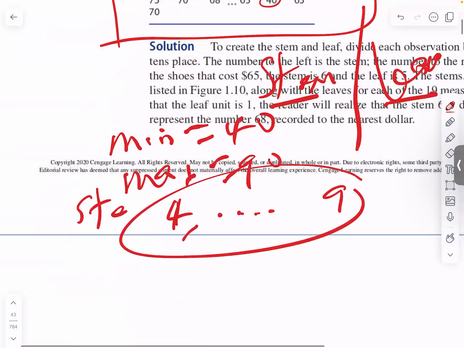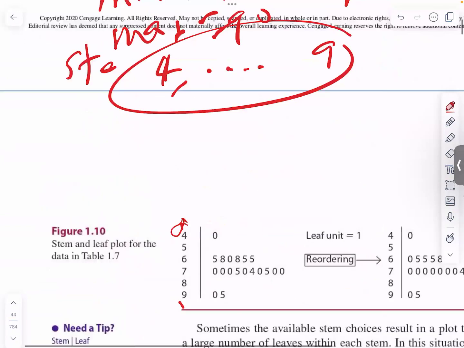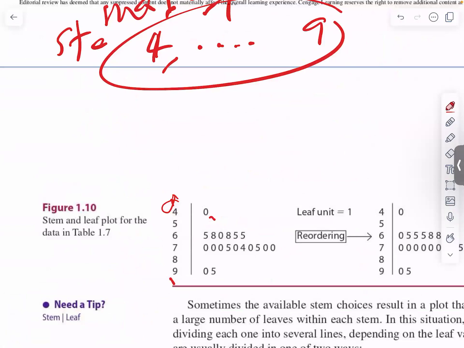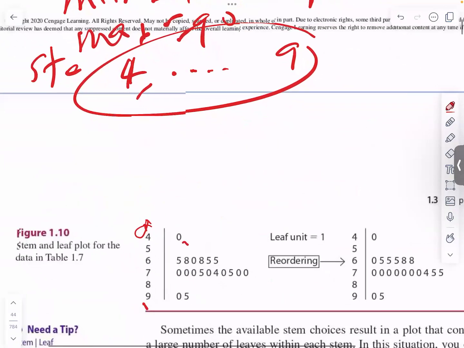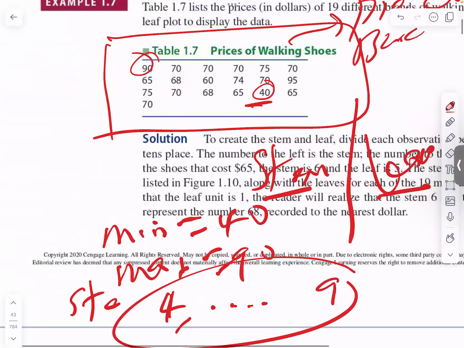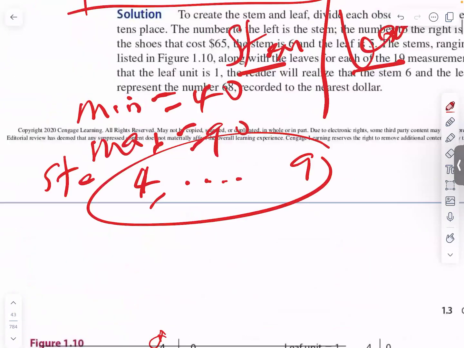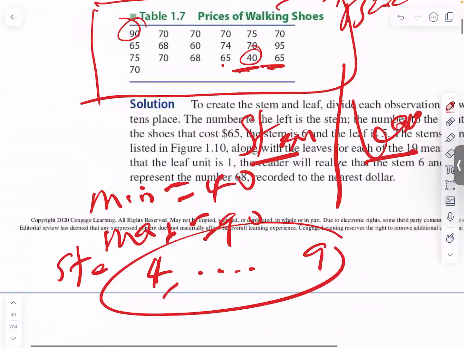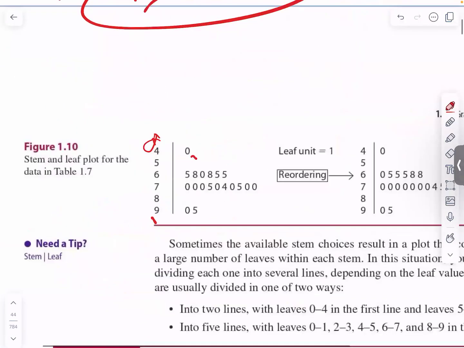Now, do we have 40? Yes, one time. So 40. Now, do we have 50? None. No 50. Now we have 60. We have 65, we have 68, we have 60. So you have 65, 6 and 5; 68, 6 and 8; 60, 6 and 0.